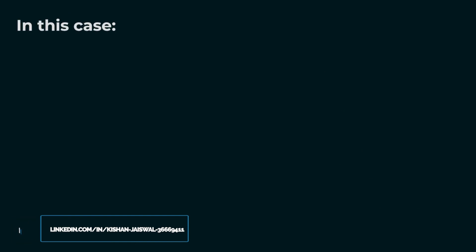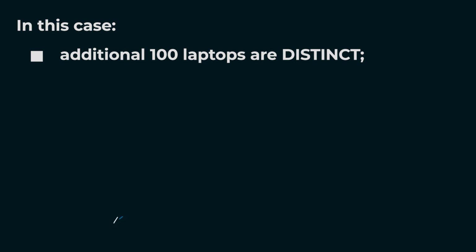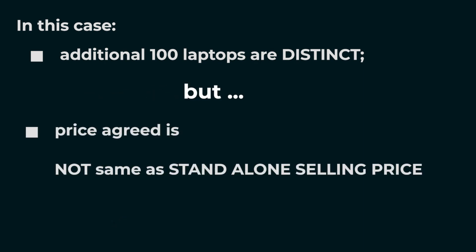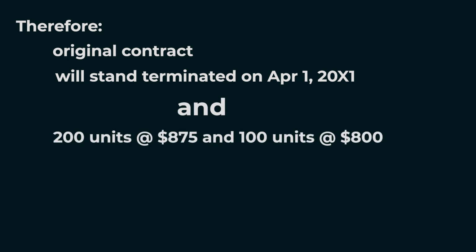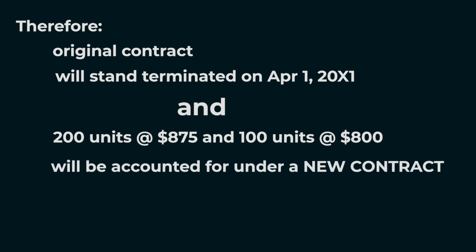In this case, the additional laptops agreed to be supplied, though distinct, however, the price agreed is not the standalone selling price of the laptop on the contract modification date, and therefore the original contract will stand terminated on April 1, 20X1, and 200 units to be supplied at $875 per unit and 100 units to be supplied at $800 per unit will be accounted for under a new contract.